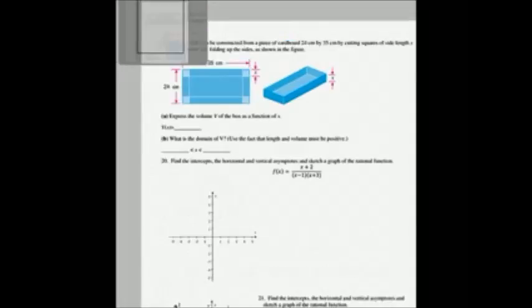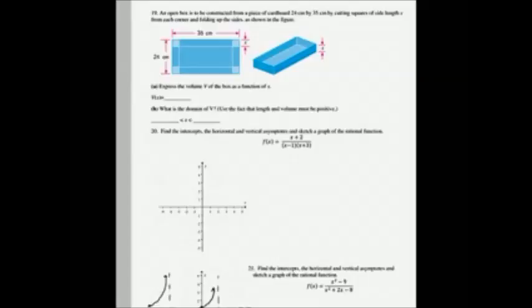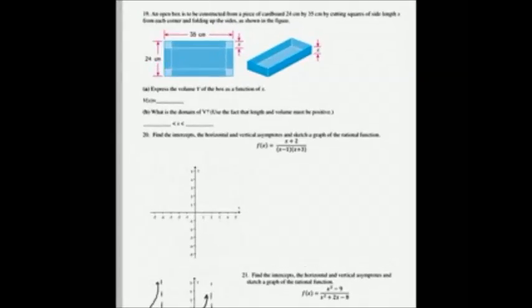Okay, question 19. We've got this flat piece of cardboard here, and the corners are going to be folded up, or the ends are going to be folded up into a box like this here. And they're going to do that by cutting out these 4 little pieces out of the cardboard.